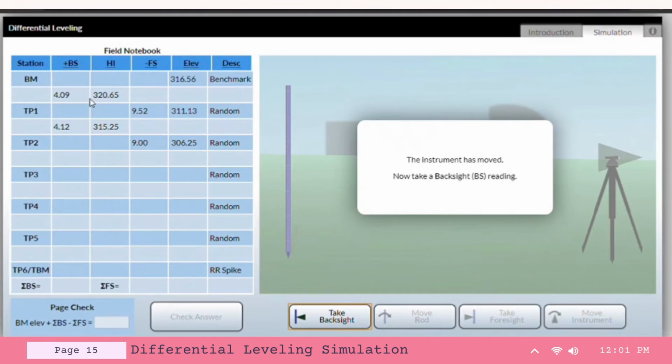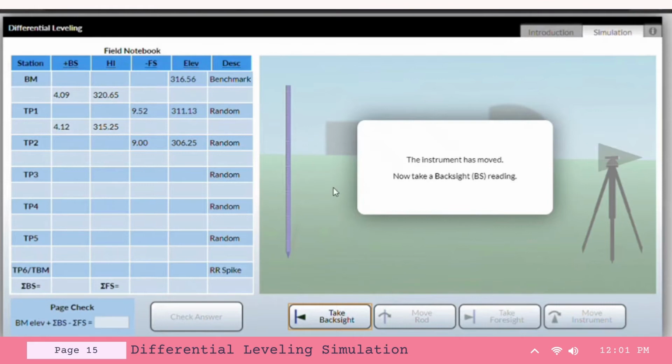The foresight and elevation are written on turning point 1 since they were taken at turning point 1. The backsight is also taken at turning point 1, but it is taken after, so it is in the row next to the TP1 row.